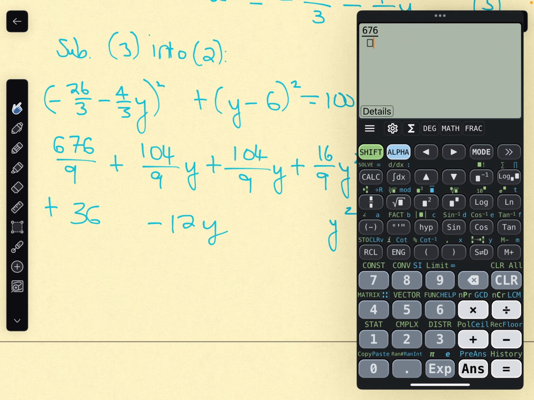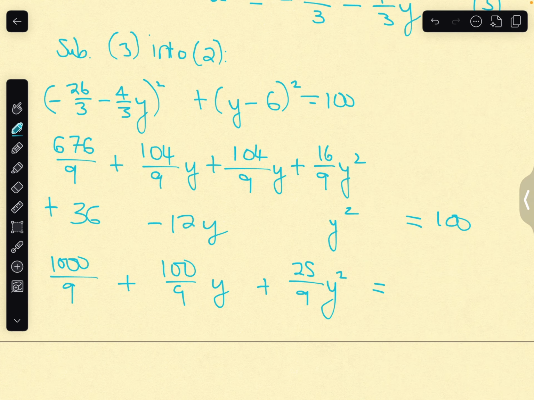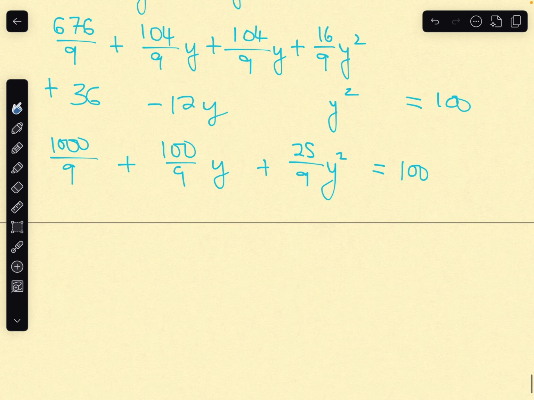So we've got 676 over 9 plus 36, which is 1000 over 9, and then we've got 104 over 9y plus 104 over 9y minus 12y, so that will be 100 over 9y, and then this last one will be 16 over 9y squared plus 1y squared, which is 25 over 9y squared, all equal to 100, right?